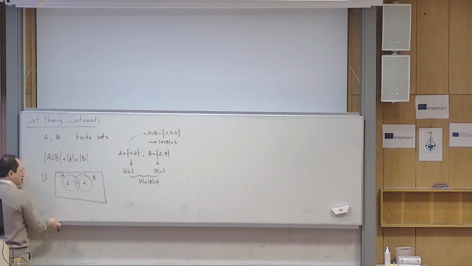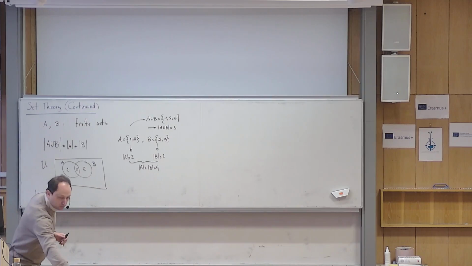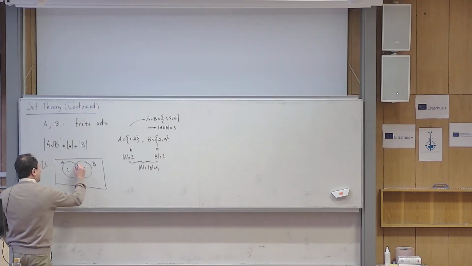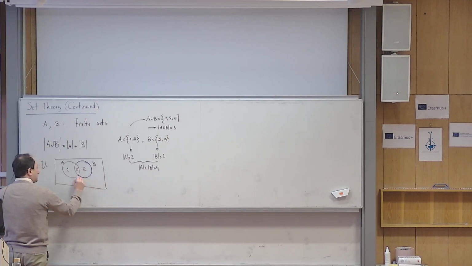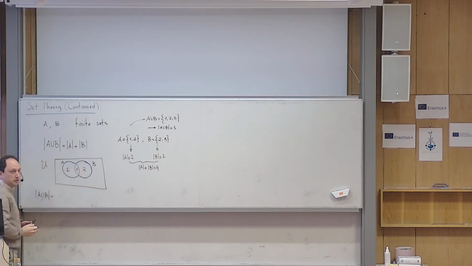Yes? So this is a good idea. If I ask you, what is the cardinality of A union B? I hope that you agree with me. It means the number of elements within this border. Yes? So because A union B is this, whatever inside this blue border is A union B. Yes?